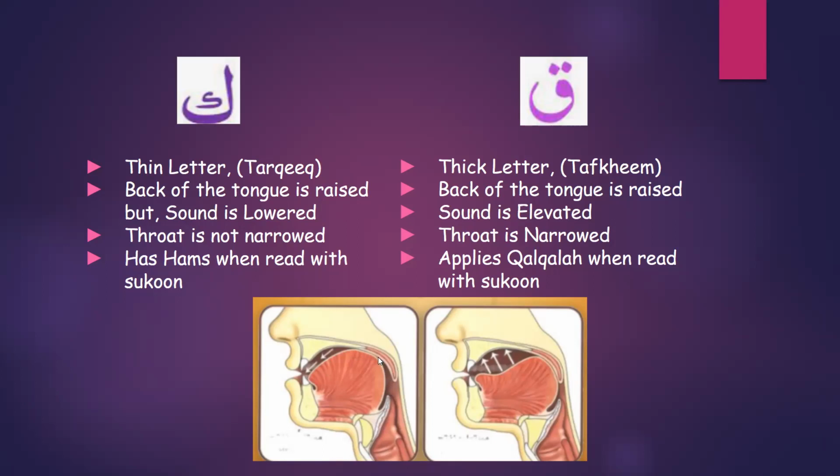The sound is imprisoned. You need to disconnect the tongue from the palate, but we do not apply the qalqala. We apply the hams, meaning the flow of air. Ak, ak, ak, like that. This is the difference between the letter qaf and the kaf, even though both of these letters come from the remotest part of the tongue.